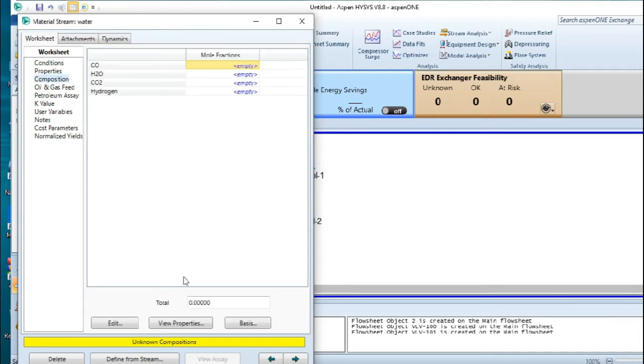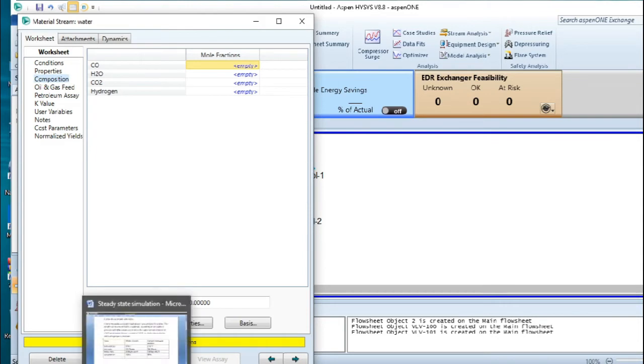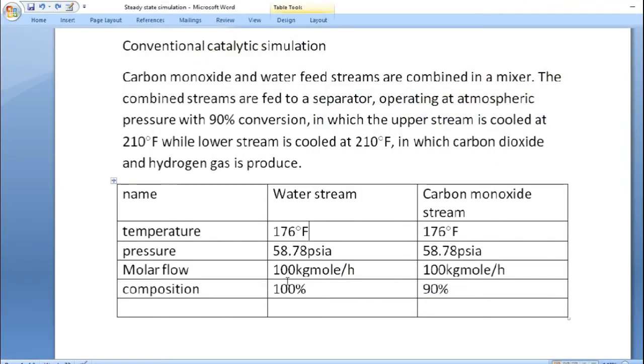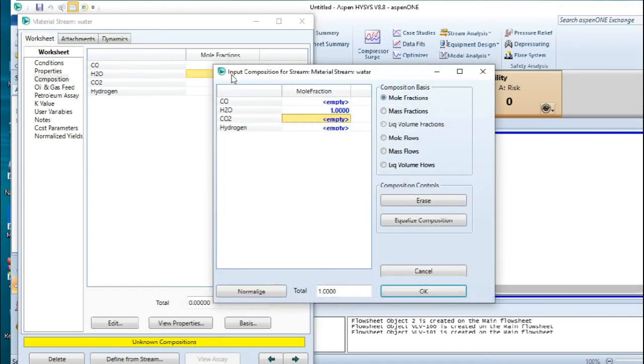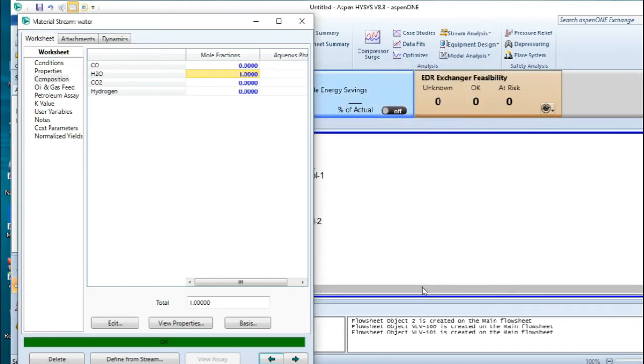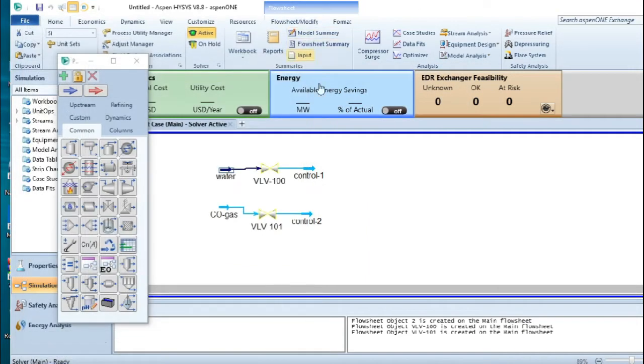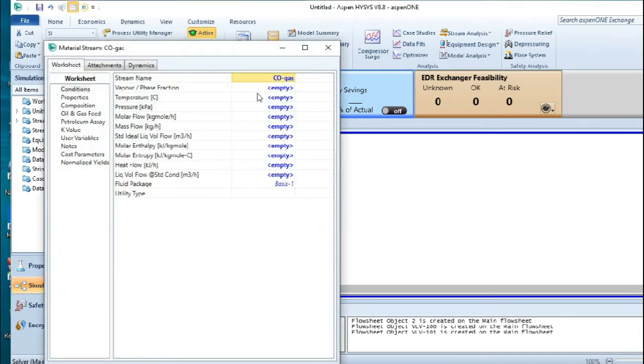Then the composition, let's consult the question again. The composition is 100%. So this is my water, composition is 100%, that is 1, because 100% is the same as 1.